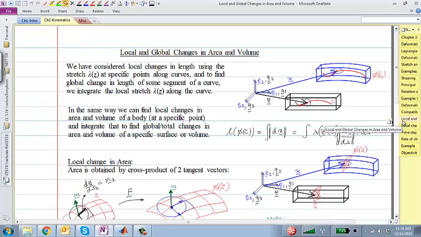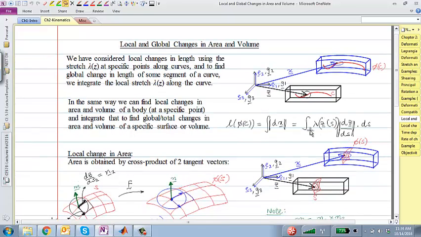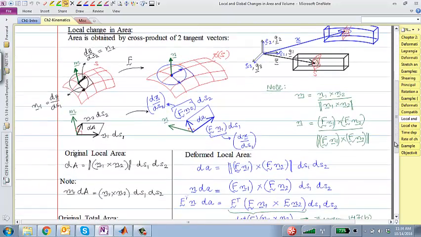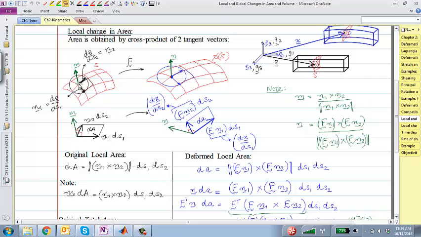We looked at changes in area and changes in volume, very similar to the concept of changes in length that we discussed a while back. For area, we describe an area using two parameters, S1 and S2, and the tangent vectors in the undeformed configuration.